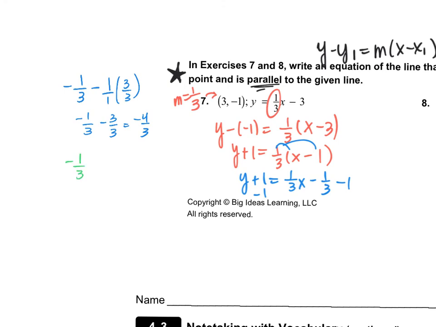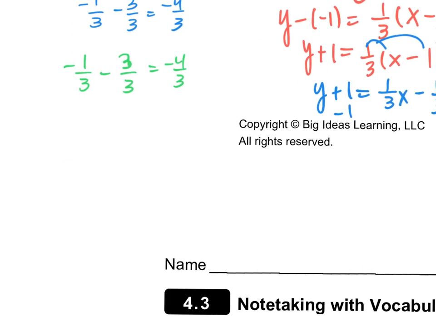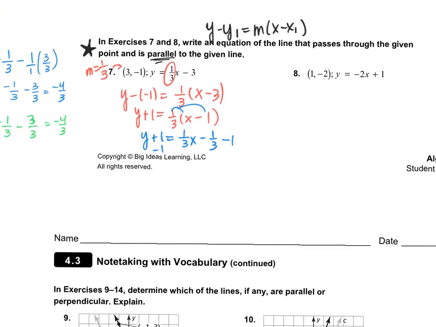So if I have negative 1/3 minus 1, couldn't I rewrite that 1 as 3 over 3 automatically? Because 3 divided by 3 is 1. So then you just have negative 4/3. So it helps students a lot if they have like 1/5 minus 1. They just change that real quick to 5 over 5 because it's the same thing. All right, so just a little trick. It'll help you in life, I suppose.